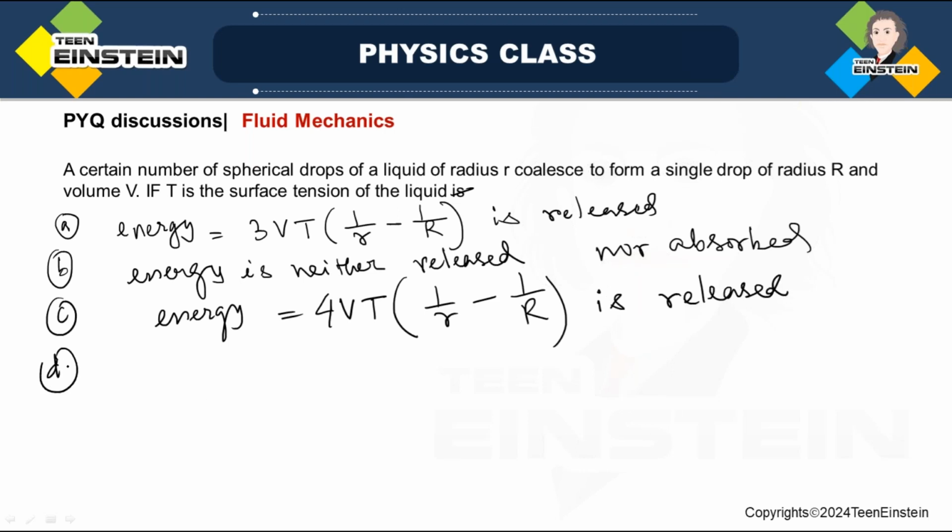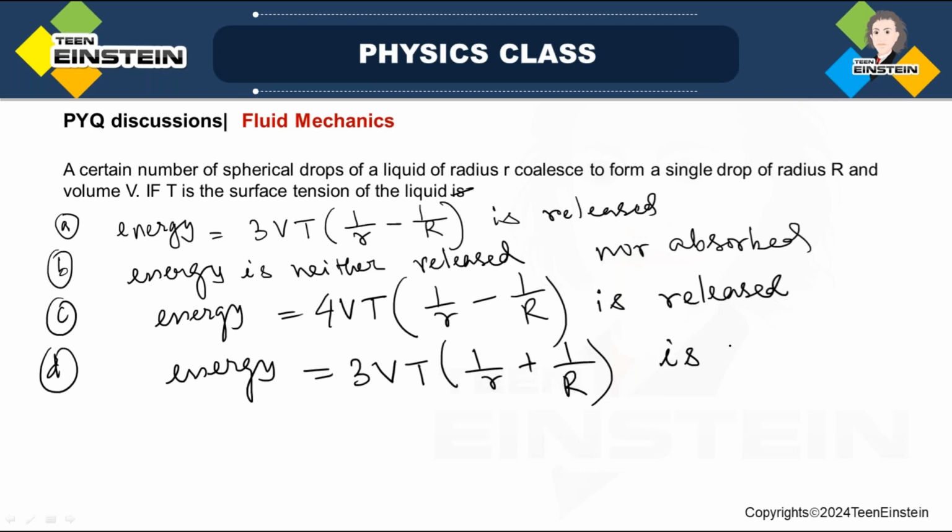Option D says energy equal to 3VT into 1 over r plus 1 over capital R is absorbed.